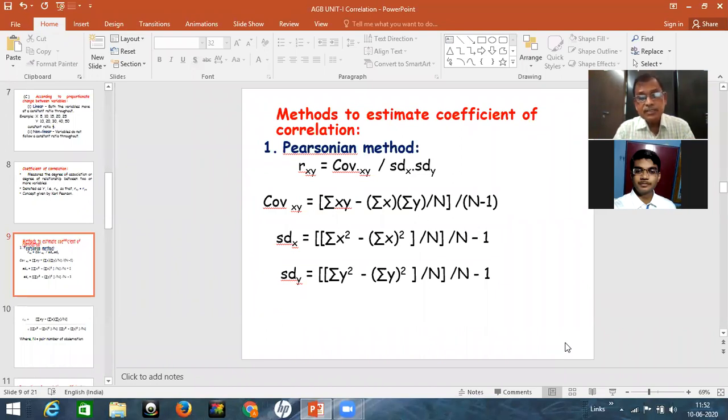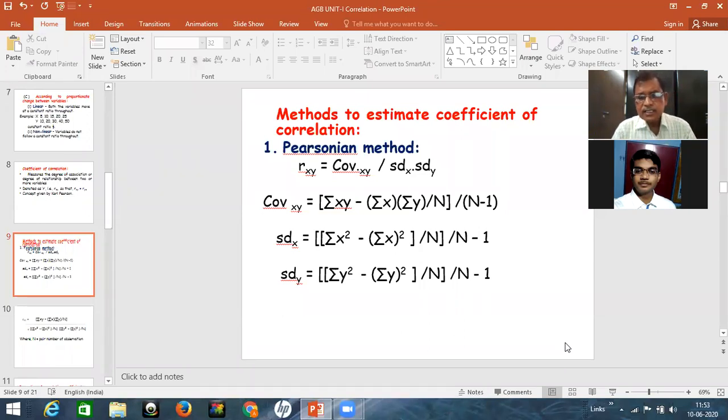Then you add the values of x and add the values of y, and take the product, summation x into summation y. So the formula is summation xy minus summation x into summation y by n, whole divided by n minus 1, that is the degree of freedom.